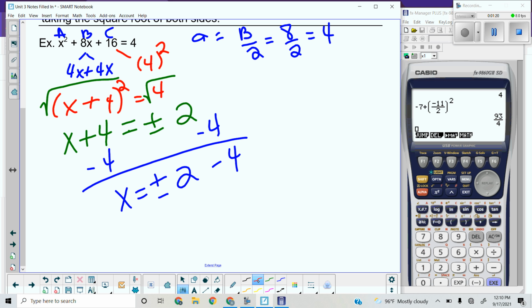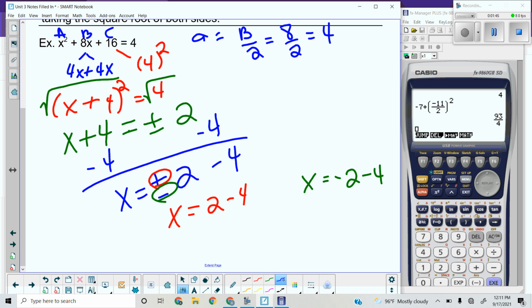So we can actually solve this because positive and negative 2 are both whole real numbers. So x equals 2 minus 4 from our positive, and x equals negative 2 minus 4 from that negative.